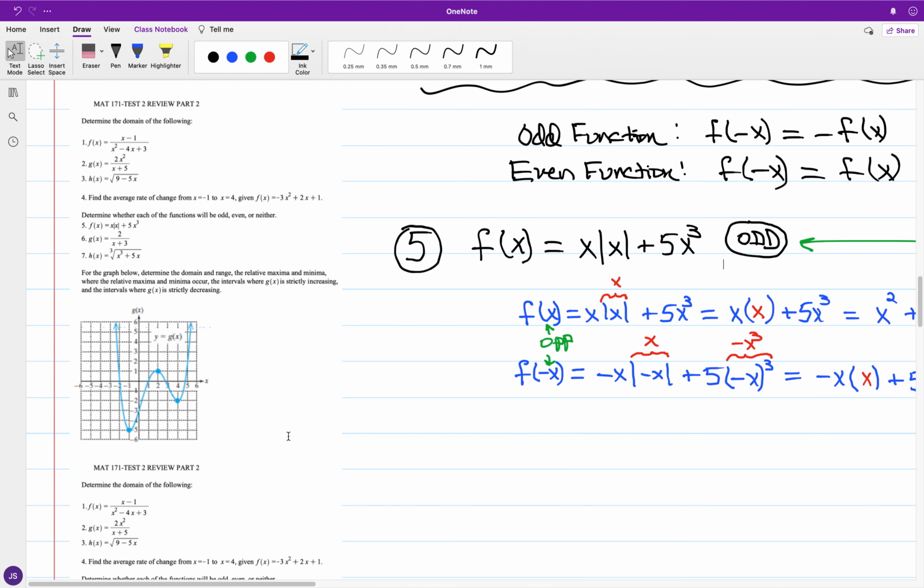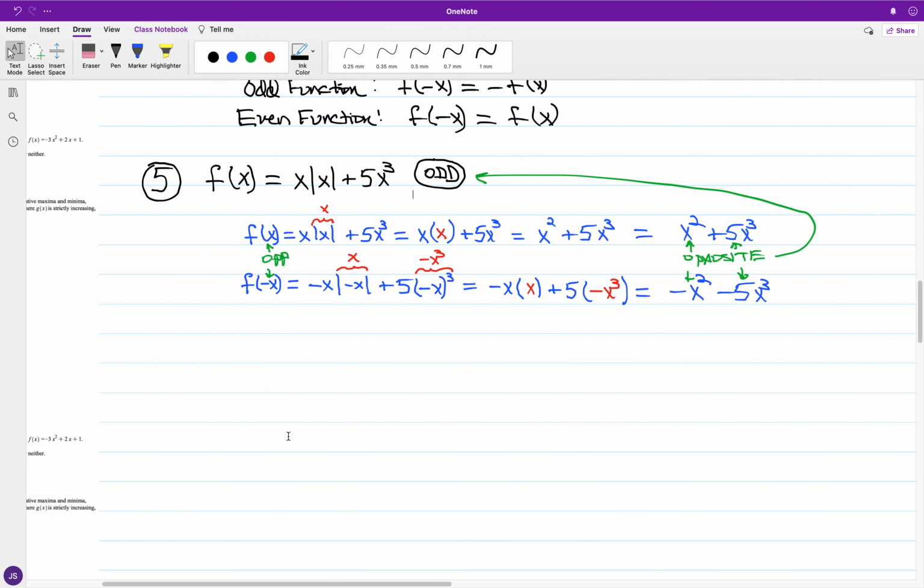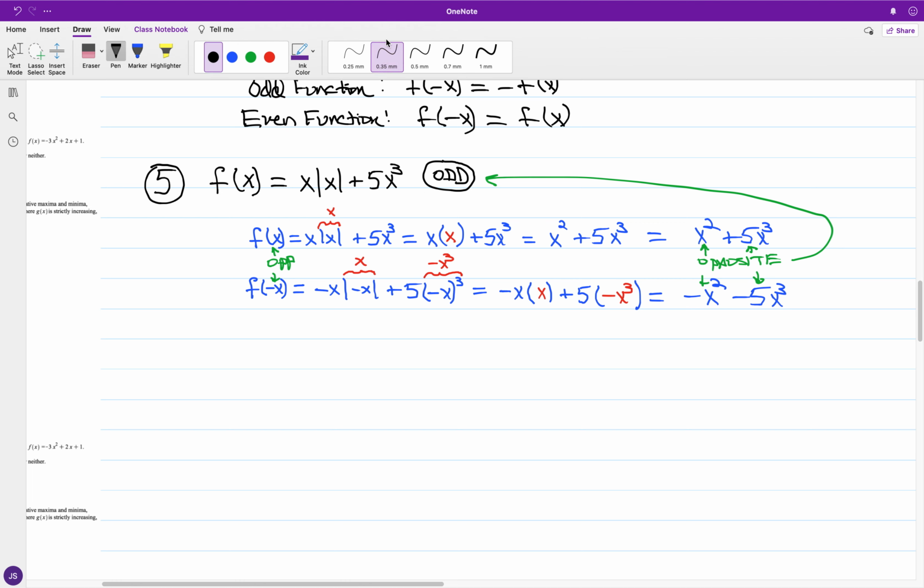Now for 6, I have g of x is equal to 2 over x plus 3. So with g of x, I have 2 over x plus 3.